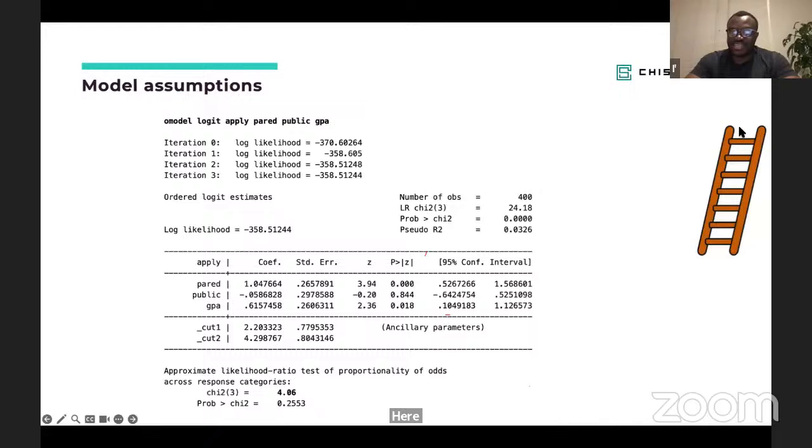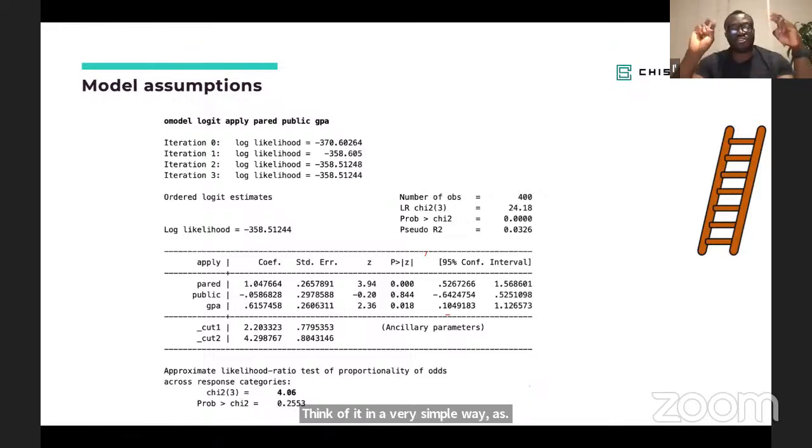Because in this context, the model is treating the outcome, think of it in a very simple way, as almost like continuous, right? And so, unlike in multinomial regression where we're comparing a category of the outcome versus the reference group, in this case, you only have one outcome, one model, right?